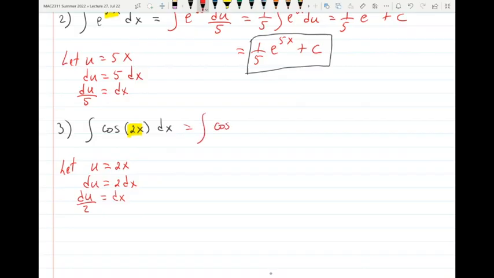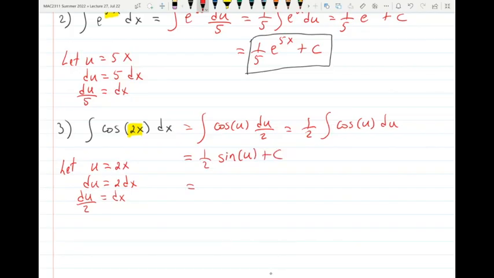So this becomes cosine of u times du over 2, which is 1/2 the integral of cosine. And as you know, the integral of cosine is sine. So this is going to be 1/2 sine of u plus c, which is sine of 2x over 2.